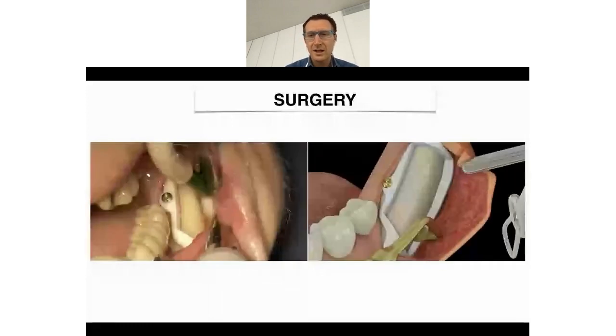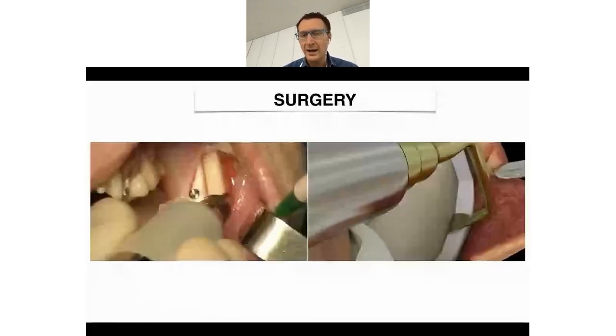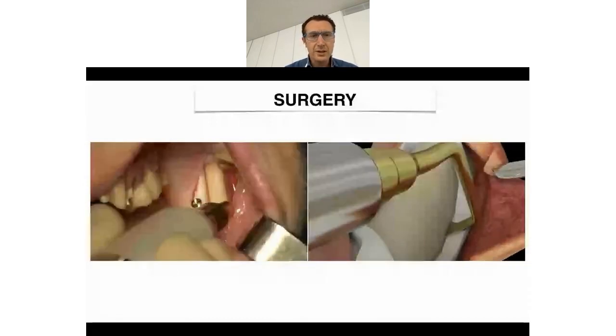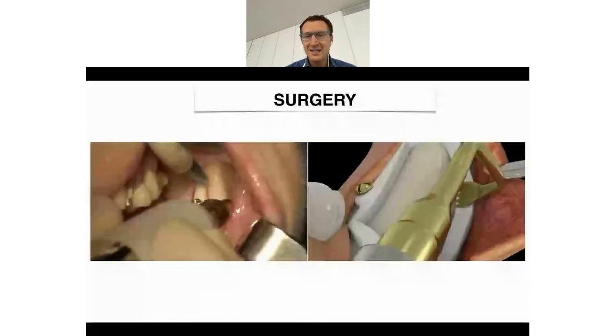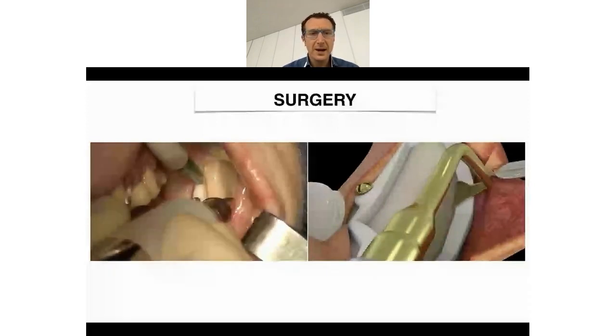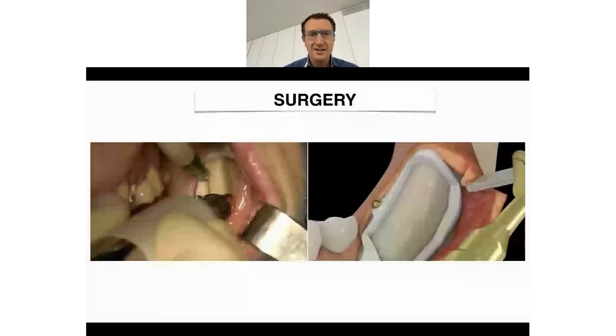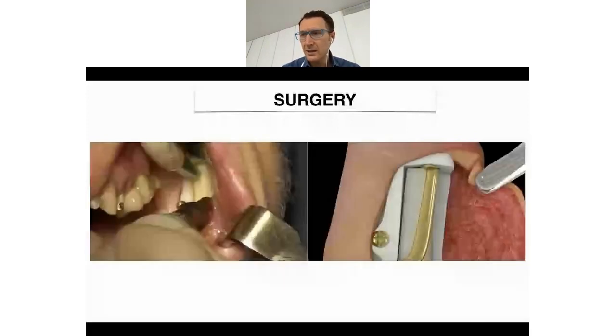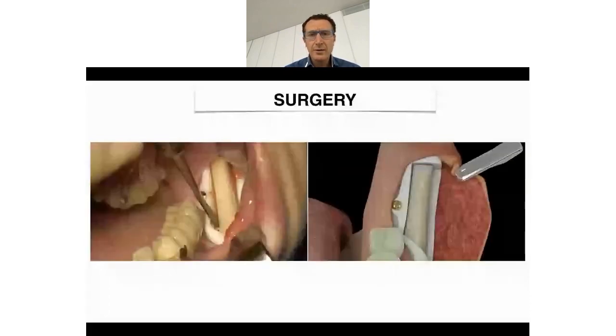So we have each side to be followed. We saw the vertical osteotomy, the mesial one, you're seeing the apical one, and then the distal one. Everything is done by facing the flat part of the piezoelectric tool against the inner face of the surgical template. So we perform very precise osteotomy lines. We don't need to use a hammer anymore.